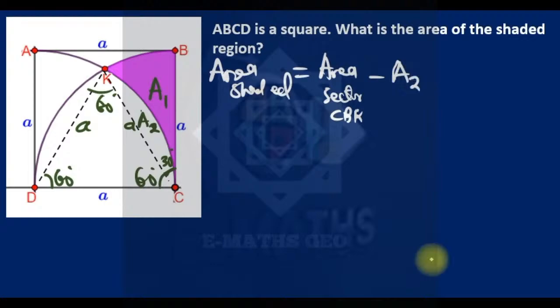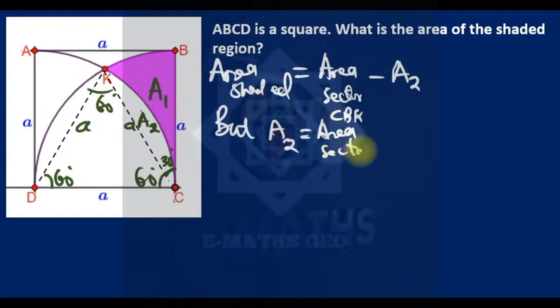Yes, once you subtract A2 from A1, that's it. But A2 is equal to the area of sector DKC minus the area of triangle DKC. Let's get this. This is equal to sector.